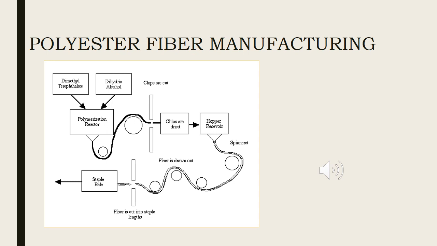Then the fiber is quenched in a hot water bath, then passed through a steam chest to heat up to 100 degrees centigrade to facilitate the crimping process. Textile finish is applied either before crimping or after crimping.